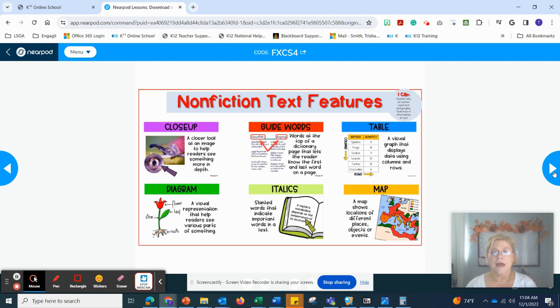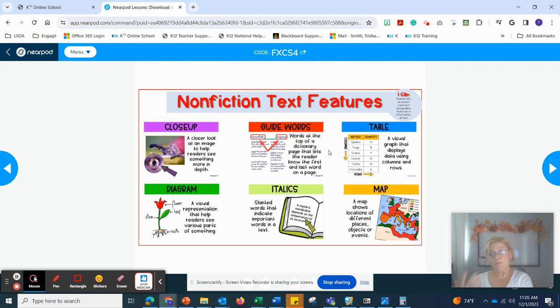So guide words, right here in the red, are words at the top of a dictionary page that let the reader know the first and last words on a page. If you look right here, this is a glossary. So this doesn't necessarily have the guide words. A dictionary would, and this only has like two pages of vocabulary words.